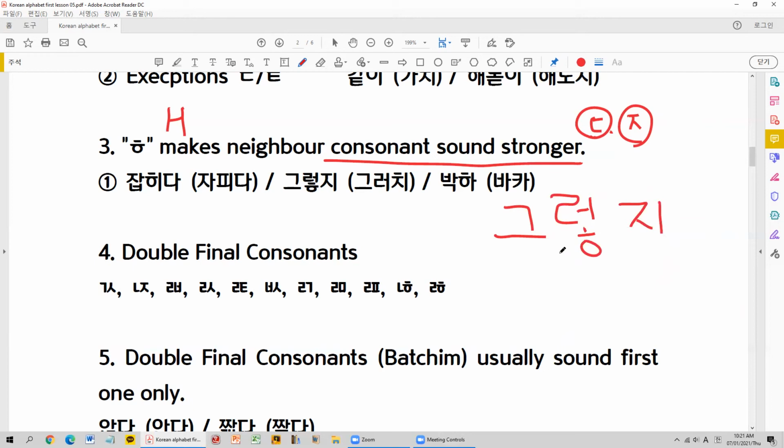So this is the H sound here. This time H is the final consonant, but it doesn't matter. So this is an H sound, meeting with a J sound. So they meet each other.